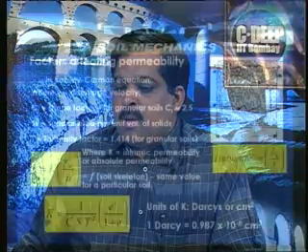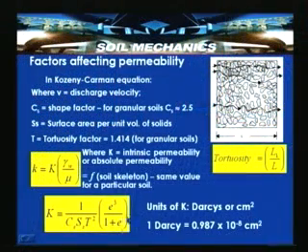And any change in void ratio changes the absolute permeability, and the tortuosity, the specific surface area and the shape factor are also included. That is how this takes care of the soil skeleton properties.